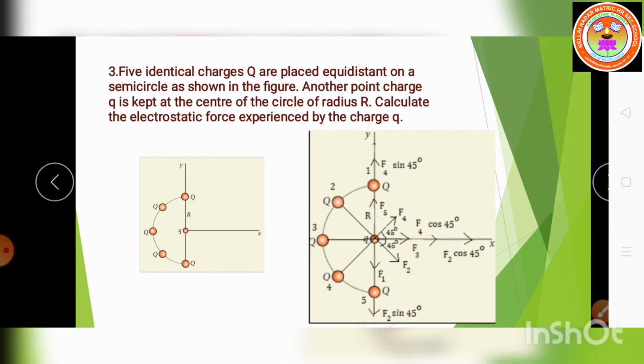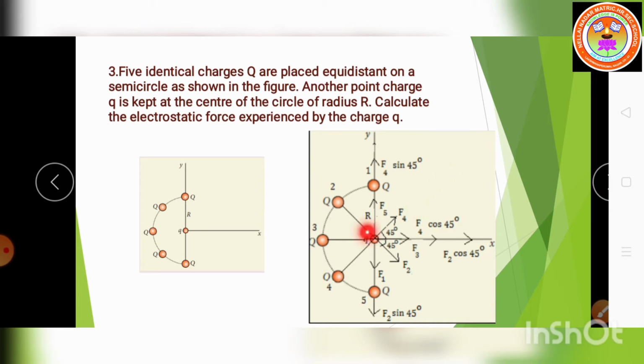Okay. So at the point q, if you see, this is F1, F2, F3, F4 and F5. Listen, F2 and F4 are in different directions. They are not along the x-axis or y-axis. So, F4 is now resolved into two components. Here, the angle is 45 degree.